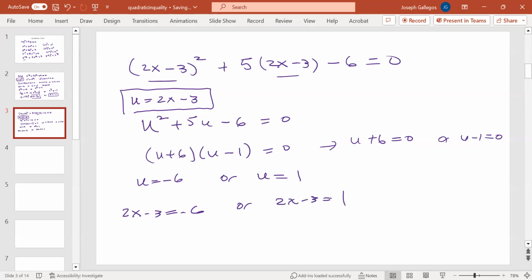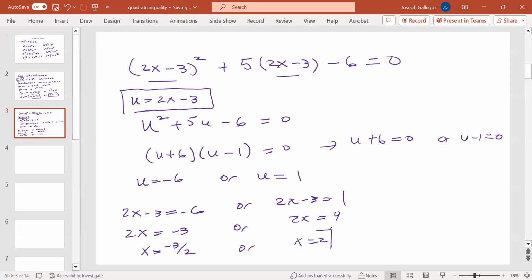And now solving each of those, add 3 to both sides. We have 2x is equal to negative 6 plus 3, which is negative 3. Or add 3 over here to the second one: 2x is equal to 1 plus 3, which is 4. And now the last step, divide both sides by 2. So the first equation gives us a solution that x is equal to negative 3 halves, and the second equation gives us a solution that x is equal to 2.